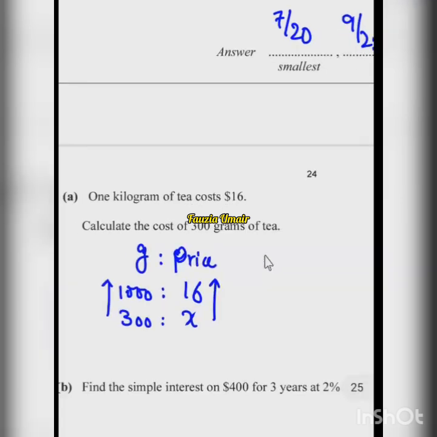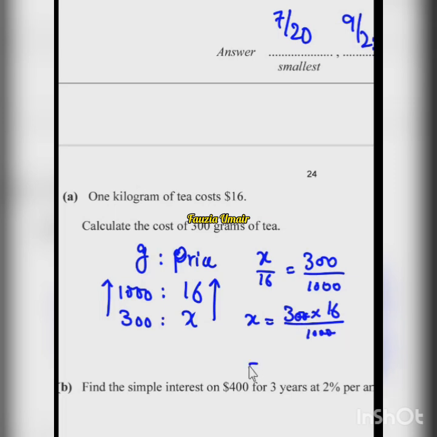So you can write it like this: X by 16 is equal to 300 by 1000. So X would be 300 into 16 divided by 1000. These two zeros can be cancelled. 16 threes are 48 by 10. So this is $4.8. This is how you can simply solve it.